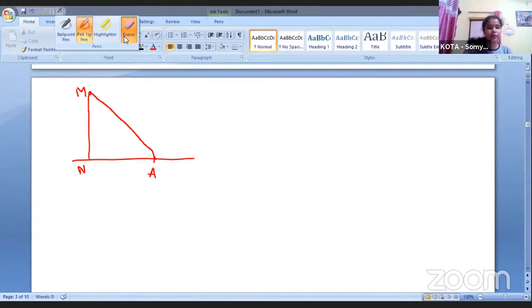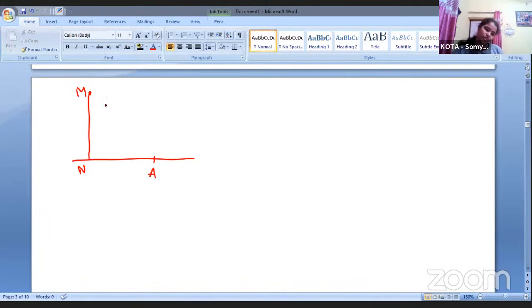Now, what confusion can come into your mind? Which angle will be 45? Let me draw it straight. MN is the vertical tower. The point will be here, tower is here, line is here.